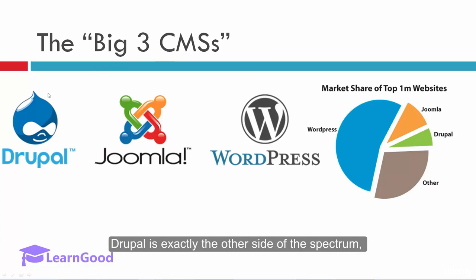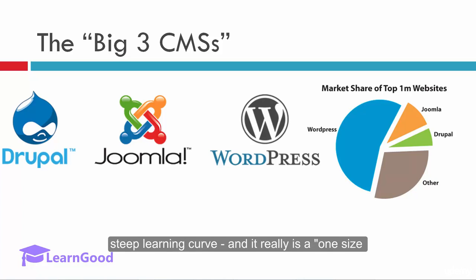Drupal is exactly on the other side of the spectrum as compared to WordPress. Drupal is actually a CMS platform. It exposes an API, that is an application programming interface. It is a powerful and extensible framework which can be used to create web applications. Drupal offers high scalability, superlative SEO, high security options, and a high transactional platform.